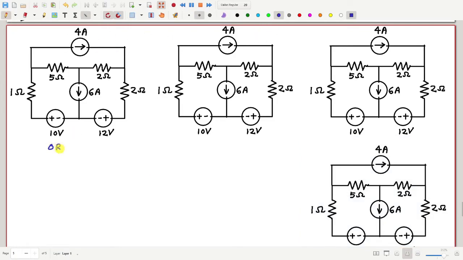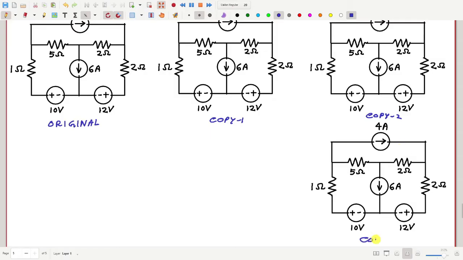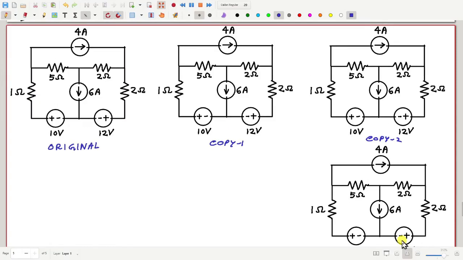So this is the original, this is copy 1, copy 2, and this is copy 3. We can take more copies if required.